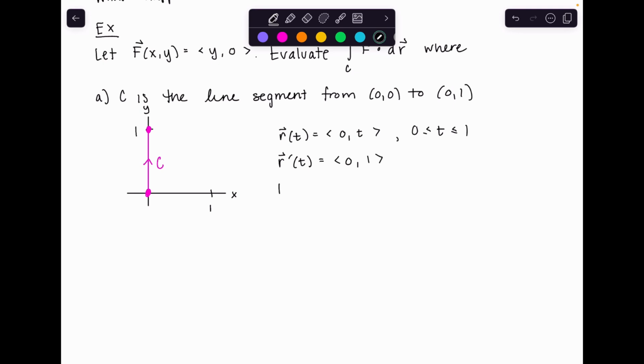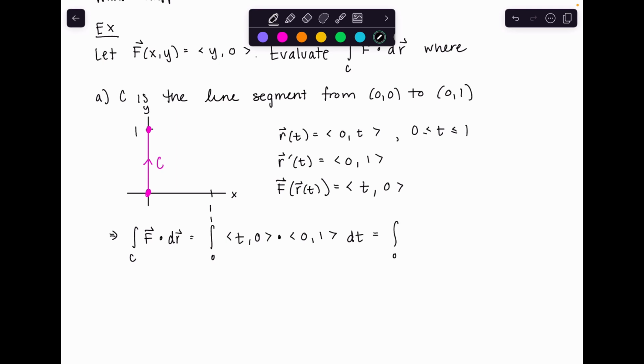And then r prime of t is 0, 1. Our vector field in this case on the curve is going to look different. The first component is y, so that becomes t, and then the second component is 0. So the line integral is going to be the integral from 0 to 1 of the vector field dot product with the derivative.